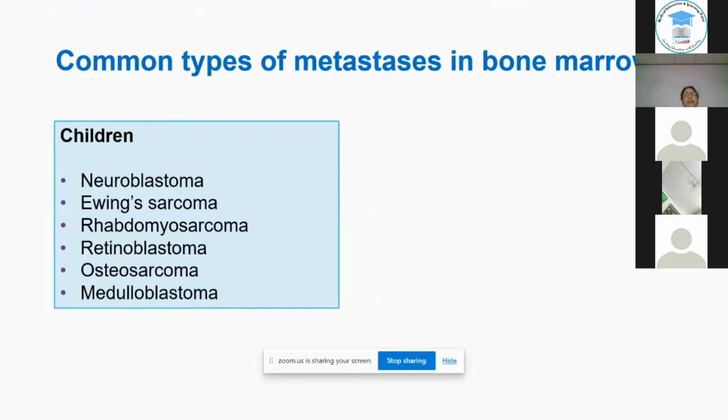The metastasis in bone marrow in children and adults are different because they have different tumors. So in order of frequency in children, neuroblastoma, Ewing sarcoma, rhabdomyosarcoma, retinoblastoma, osteosarcoma, and very rarely medulloblastoma come into the bone marrow. The first three being the most common ones.